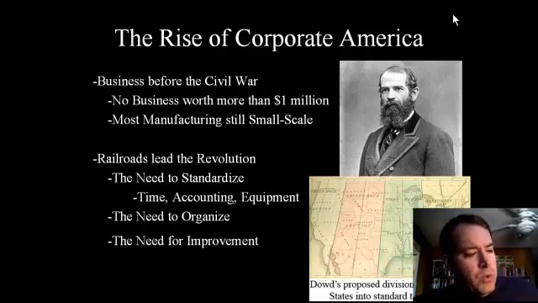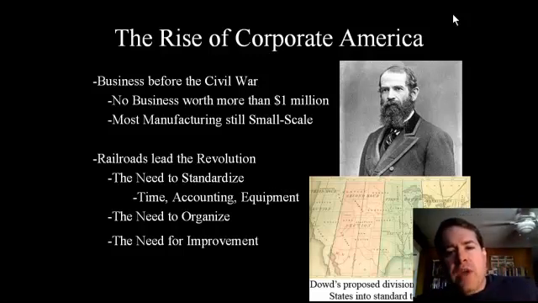Now, one of the things that Gould does do that helps the railroads expand is that he is going to buy up existing lines. Before the 1870s, 1880s, railroad construction was done piecemeal by small companies.